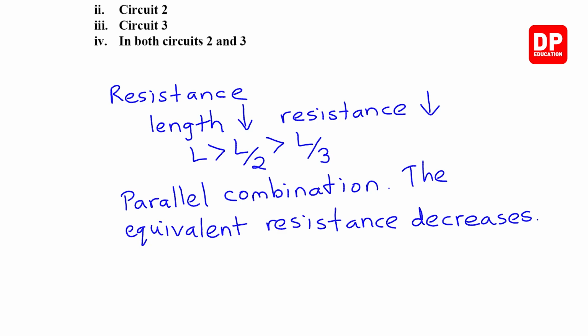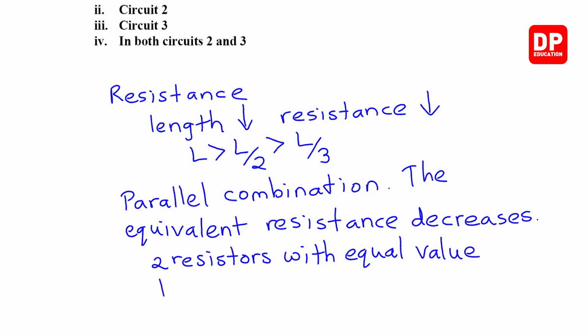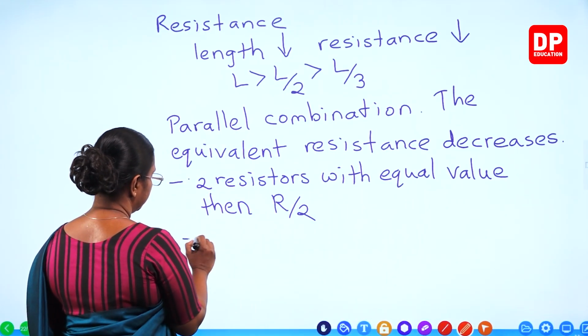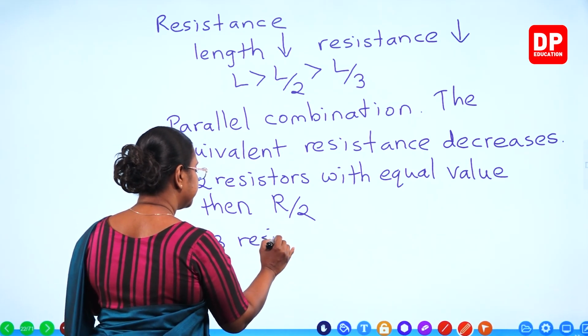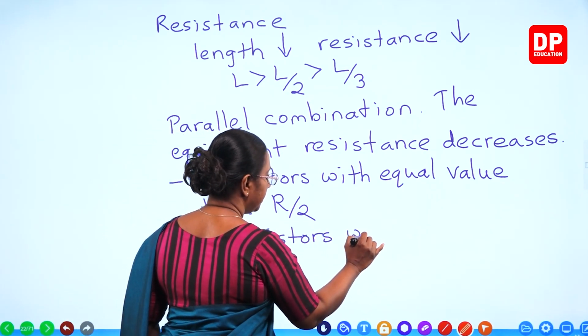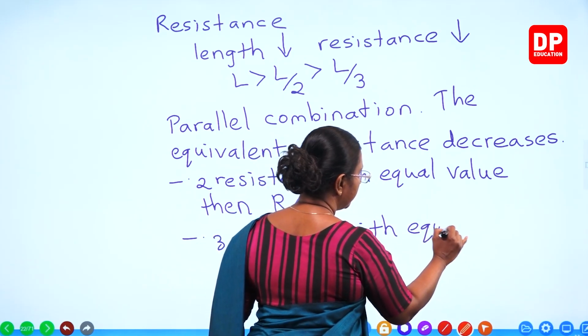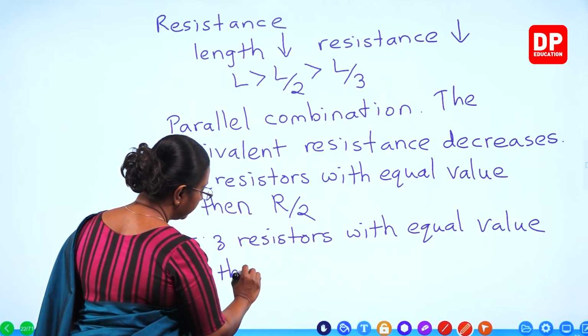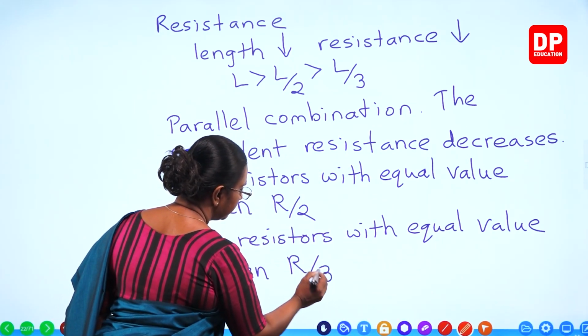So there, if it is 2 resistors with equal value, then it becomes R by 2. If you have 3 resistors with equal value, then it becomes R by 3.